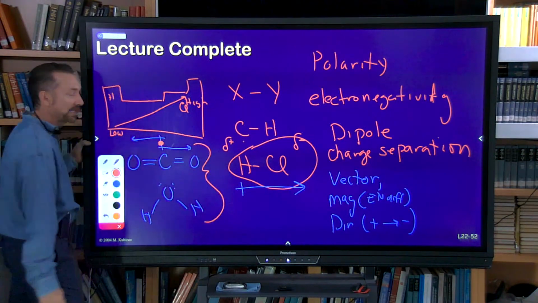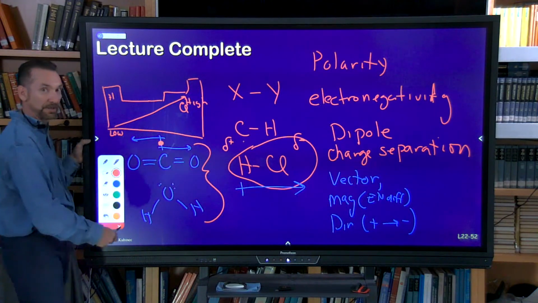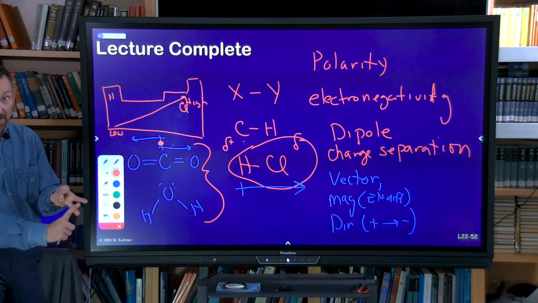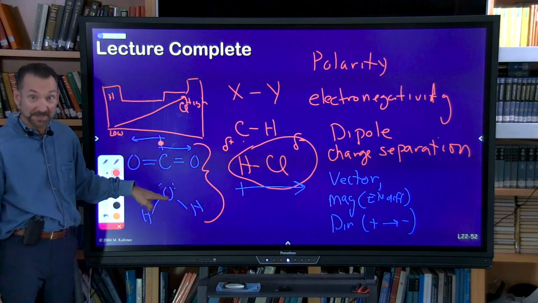what is the structure of carbon dioxide and water? Because we know how to do Lewis dot structures and VSEPR, and we can say that one's linear, this one's bent.